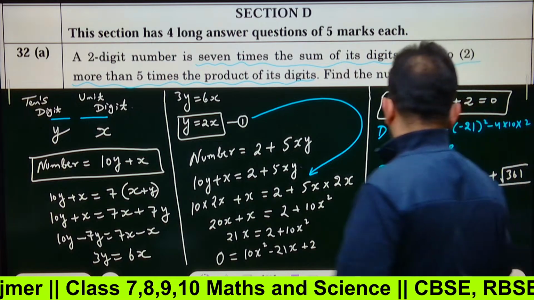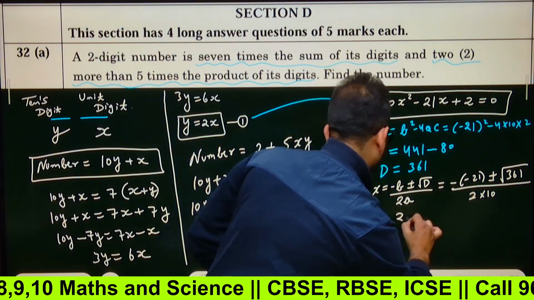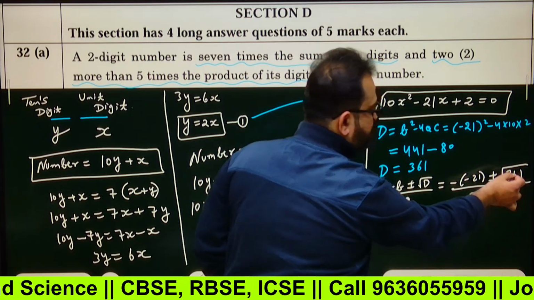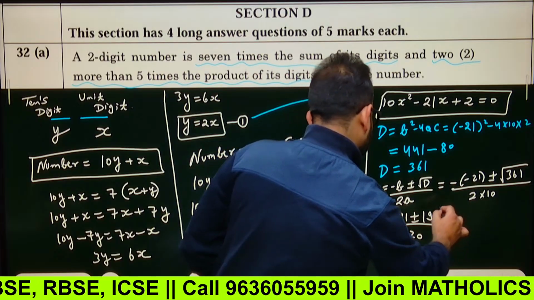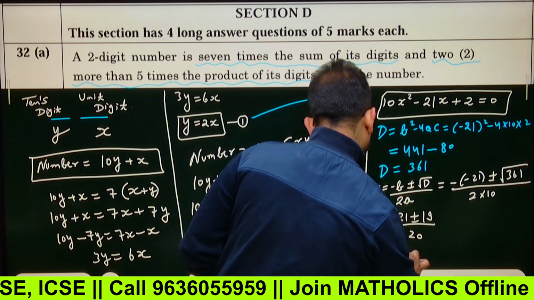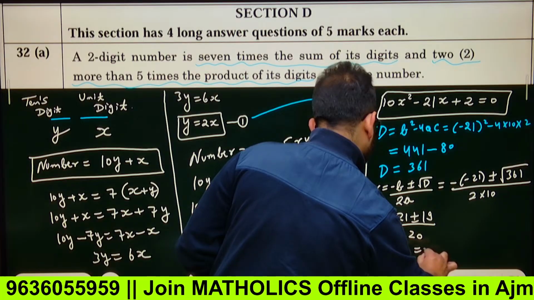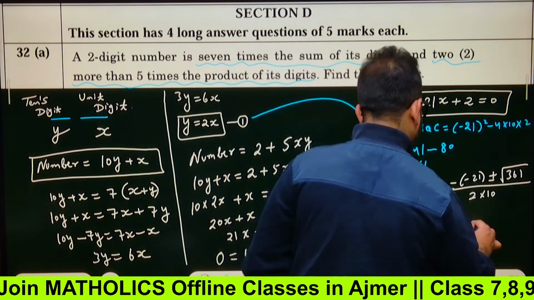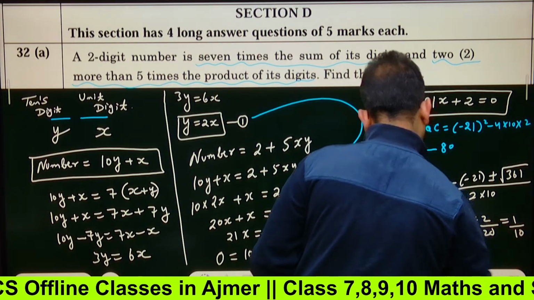That means x equals 21 plus minus 19 by 20. One time I'll write x equals 21 plus 19, which is 40 by 20, that means 2. Another time 21 minus 19, so x equals 2 by 20, that means 1 by 10.